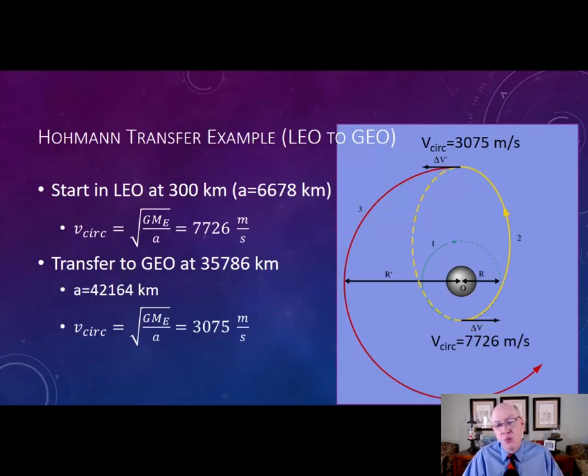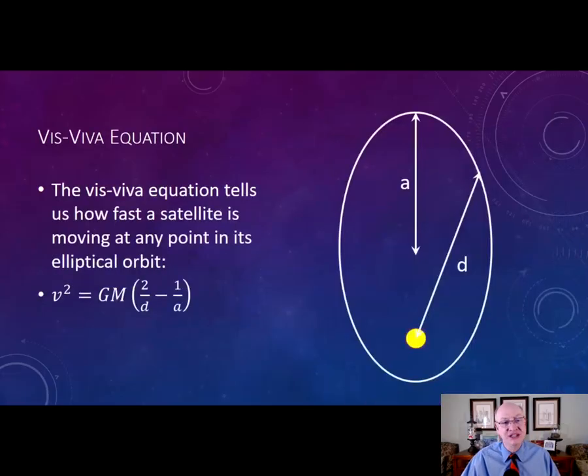In fact, something we haven't answered yet: if I'm in an elliptical orbit like this, we saw from Kepler's second law of planetary motion that angular momentum is conserved, that I'm moving faster down here and I'm moving slower up here. And we hinted that the conservation of areas tells you how much slower you're moving or how much faster you're moving. But now let's actually find an equation that does that. The equation that does that is called the Vis-Viva equation.